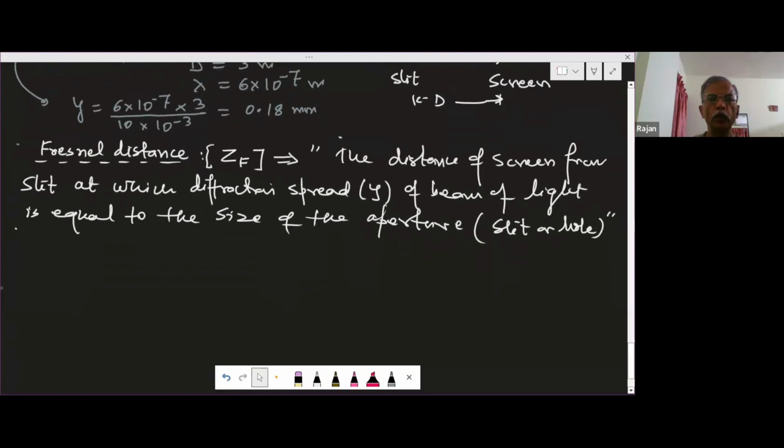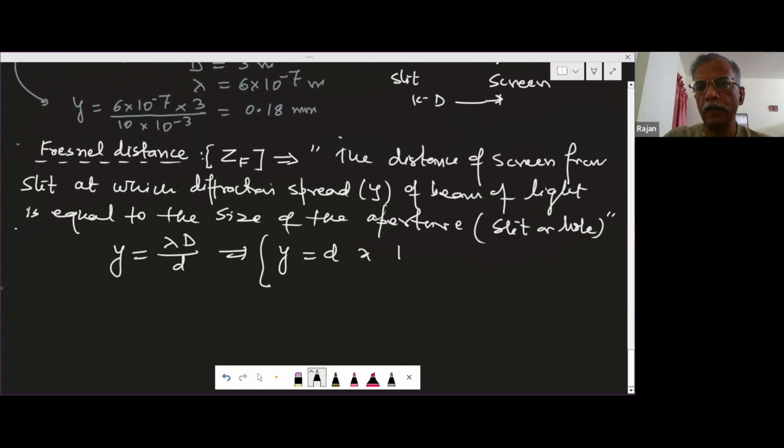In that case, if you want to write mathematically, we'll be using the same y is equal to lambda D by d. Your y will be small d, the size of the slit, and capital D will be ZF.